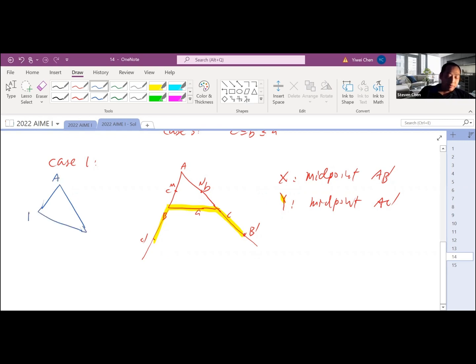This is A, B, and B prime. M is the midpoint of AB and X is the midpoint of AB prime. So it is obvious, from side-angle-side, that triangle AMX is similar to triangle ABB prime, and that further implies that MX is parallel to BB prime.